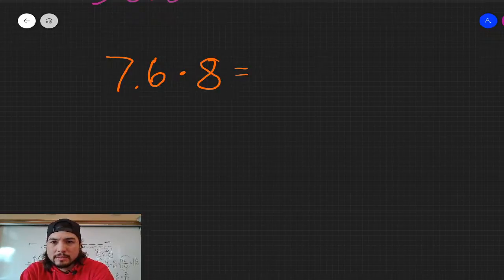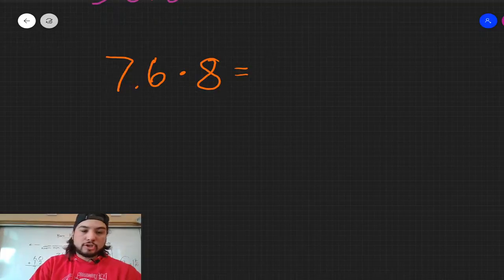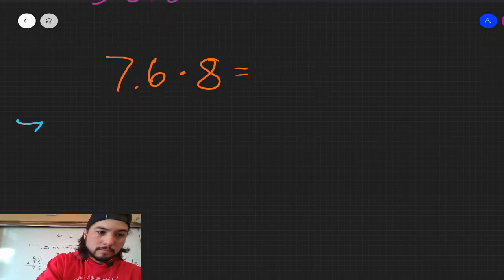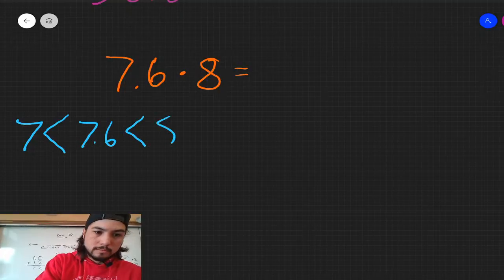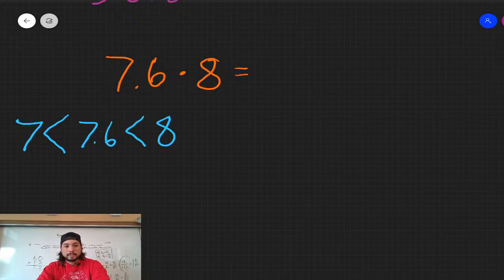It's more than 7, but we've only got a fraction of our next whole unit, so it's less than 8. So being able to say from the jump that 7.6, or 7 and 6/10, is between 7 and 8, right? 7 is less than 7 and 6/10, and 7 and 6/10 is less than 8.